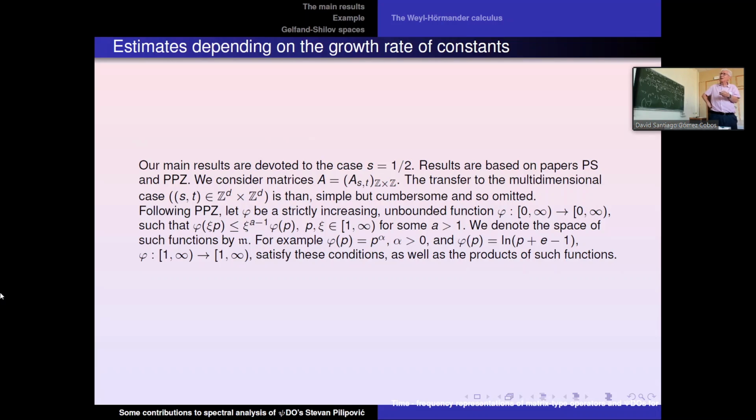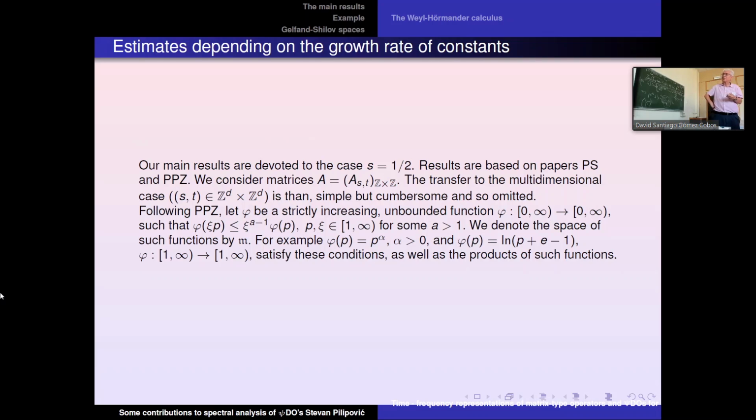So here I will tell you what was the assumption on phi. On phi, the assumption is that this is a non-negative function on 0 to infinity. This kind of estimate should hold. This is homogeneity of order a minus 1, a greater than 1.